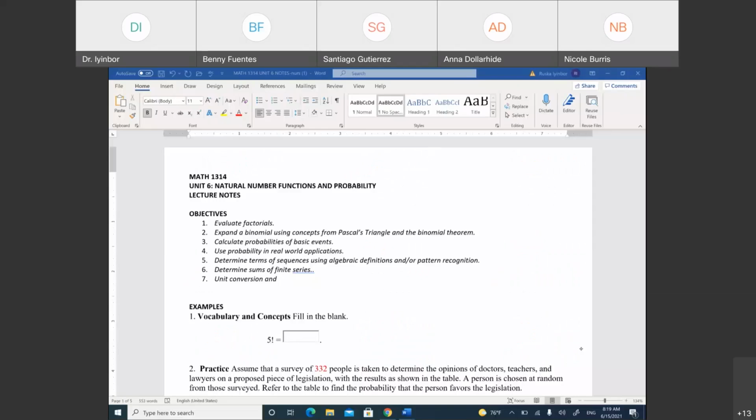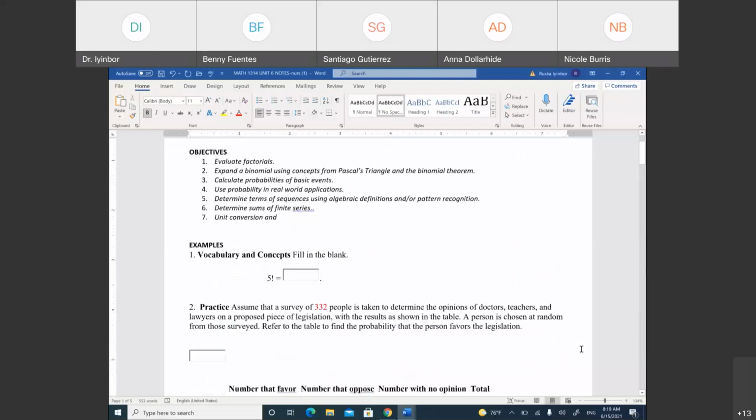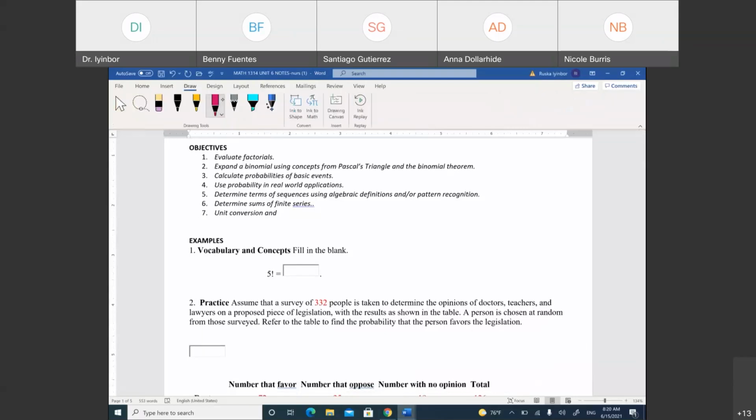What is factorial? Factorial looks like this. So this is the factorial. We have 5 factorial. So the definition for factorial is if I have n factorial, that's going to be multiplying n times n minus 1 all the way to 1.